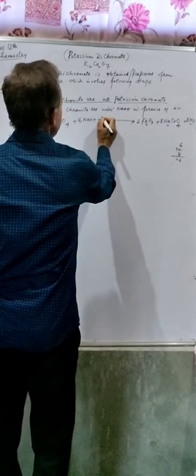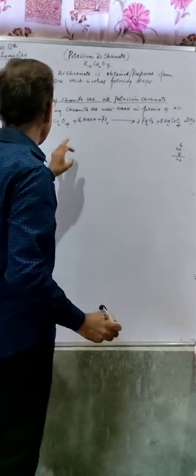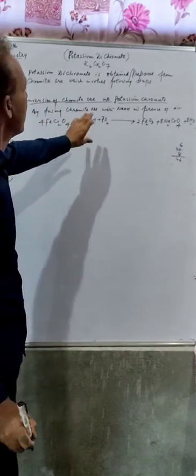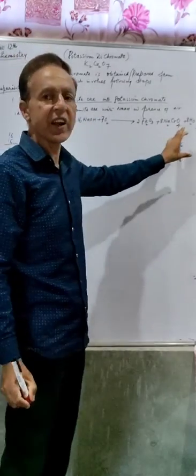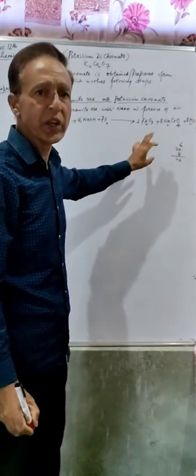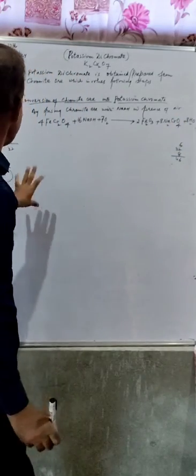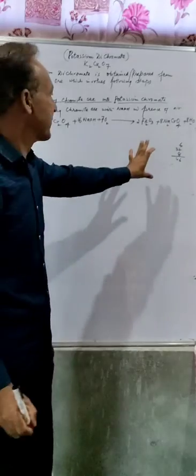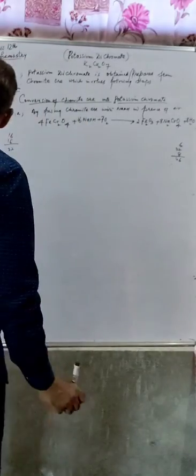So on the left hand side in this O2 we should have 14 oxygen atoms so that the reaction gets balanced. So we will multiply it by 7 so that the number of oxygen atoms on the left hand side and the right hand side are 46 and the reaction gets balanced.